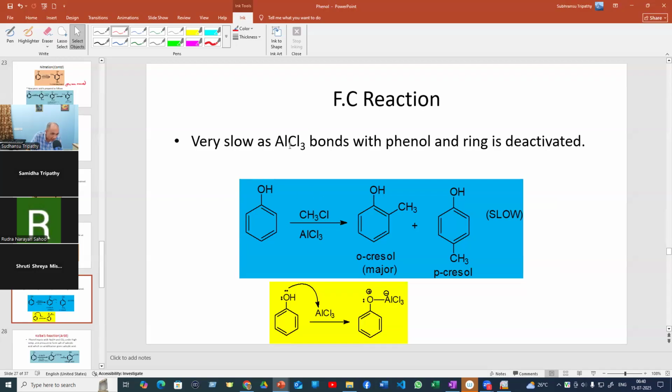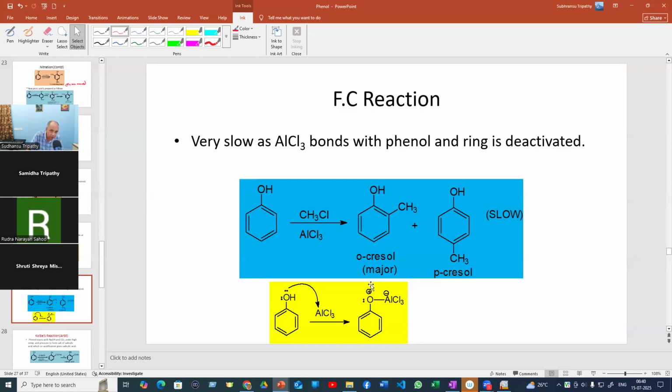Therefore, very slow reaction with Friedel-Crafts alkylation because the ring is deactivated. Moreover, once aluminum chloride joins with phenol to form a salt, O carries a plus charge, then deactivation occurs like nitro, like carboxylic acid. So deactivation of the ring slows down the reaction, although you can use excess of aluminum chloride to produce the carbocation CH3 plus.